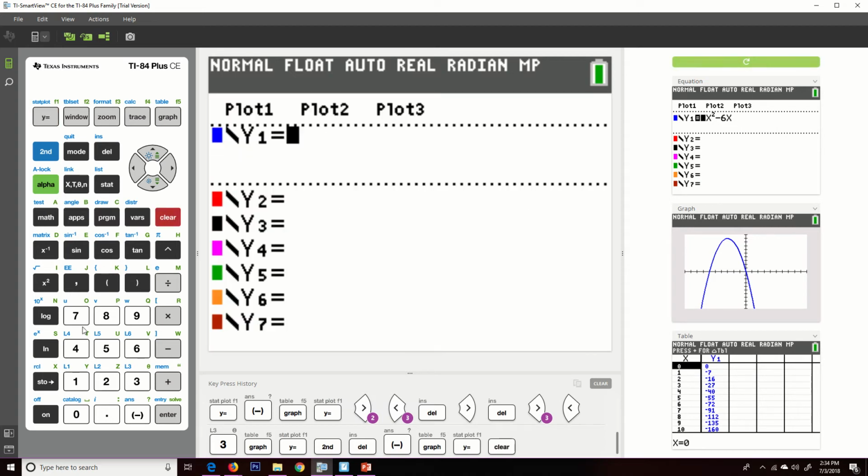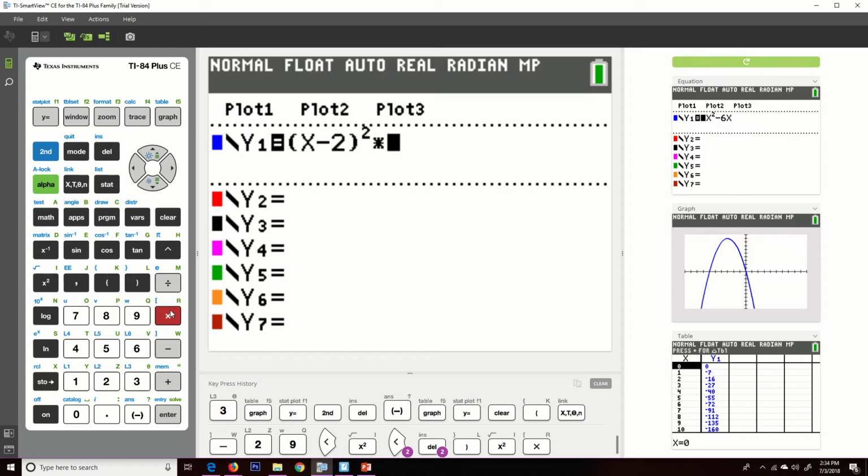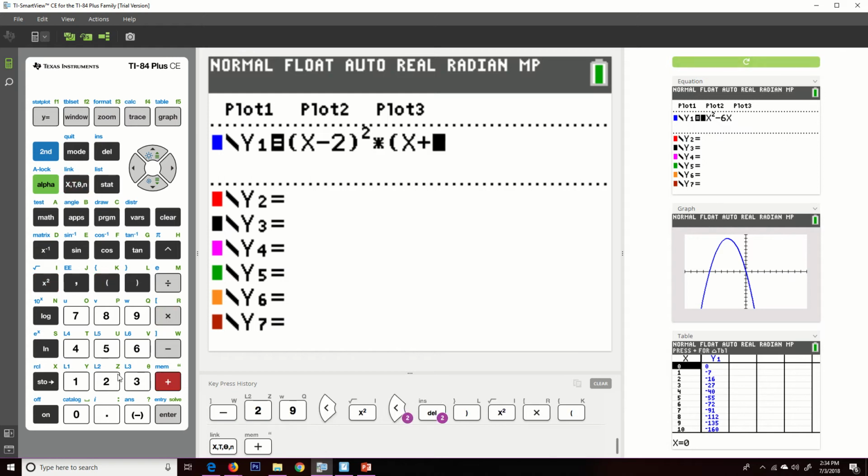Clear this out. Let's talk about two factors. Let's say x minus 2, and I want to put a parenthesis there first, so let's delete that. Let's put parentheses and hit squared, and then hit times, let's go x plus 3, so we will be able to discuss both, and let's just leave that as 1.